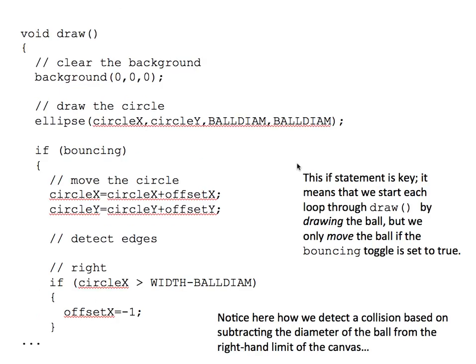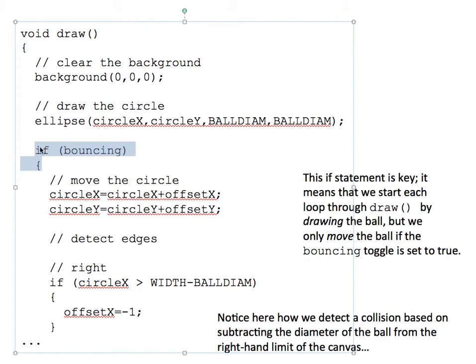And here's the draw function. This section here is key in that we only move the circle and then do all the collision detection as before if bouncing is true. Here we've got a whole chunk of code which is to do with moving the ball and then doing the edge detection just as before, but this time we surround all of that logic with this if statement and the curly bracket.